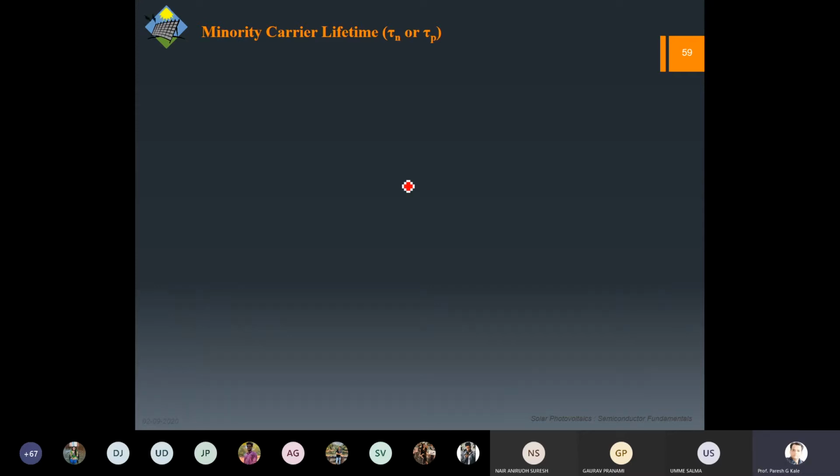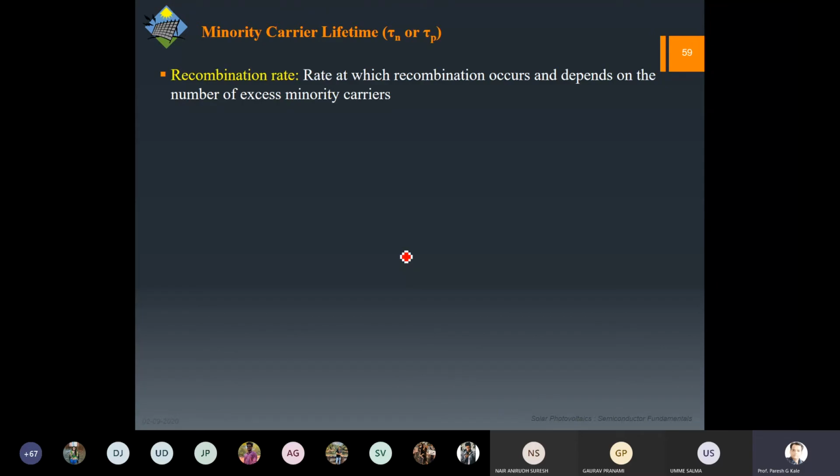Now, as I said, there is a lifetime for both carriers, electrons as well as holes. But there is another classification of the carrier. It can be a majority carrier or a minority carrier. I think I have already explained that as far as solar cell working is concerned, we are more interested in the minority carrier lifetime.